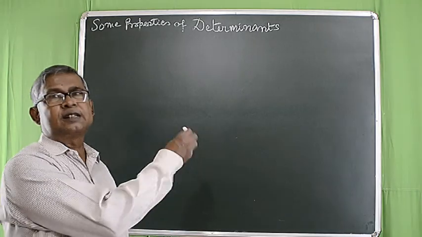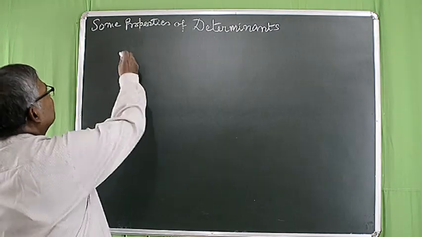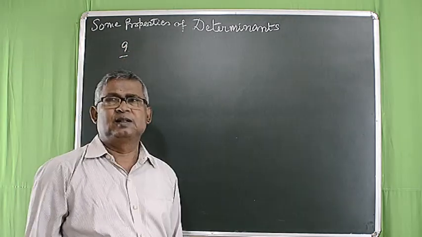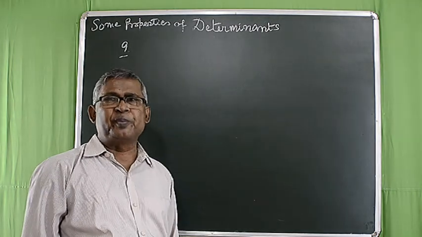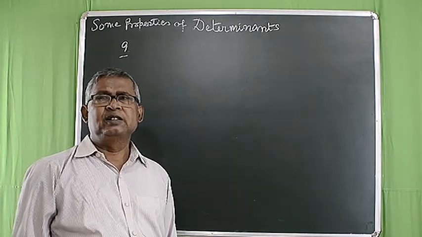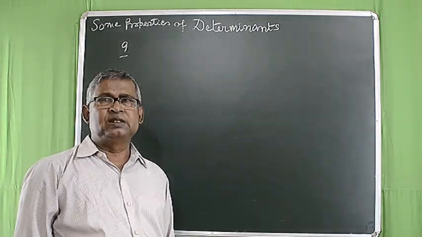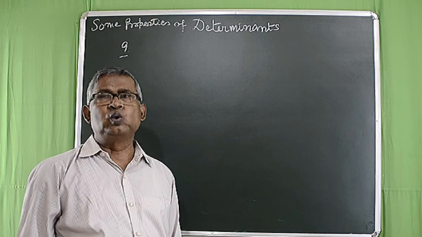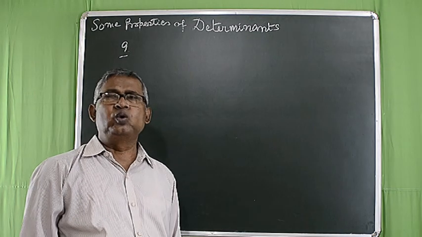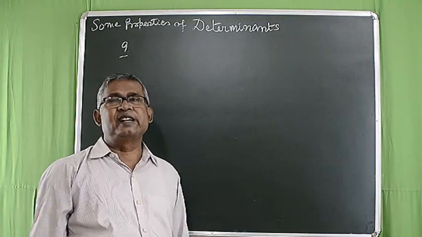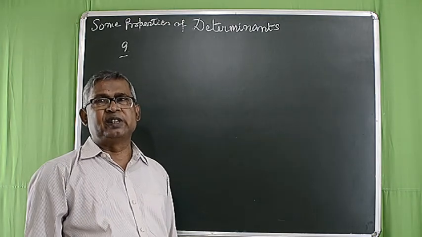Students, let us learn an important property. If the elements of a determinant are a function of x, and if we put x equal to a, for which the determinant vanishes, two rows are identical or two columns are identical, then x minus a is a factor of the determinant.